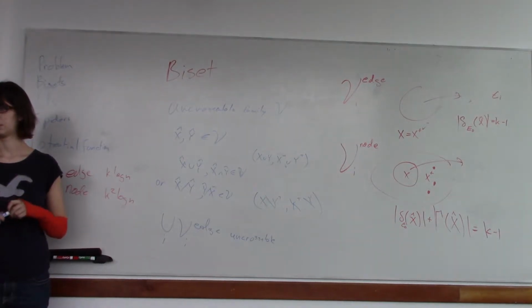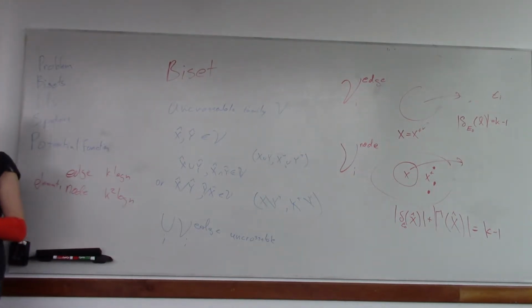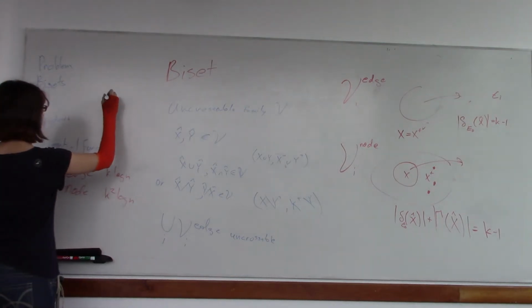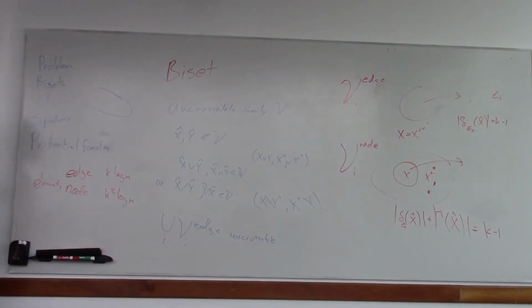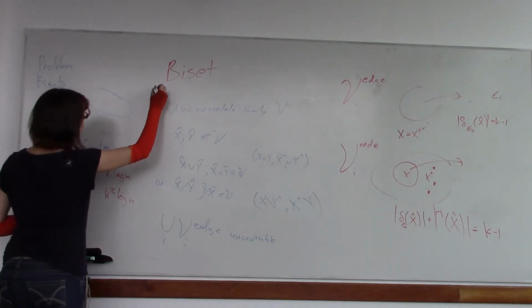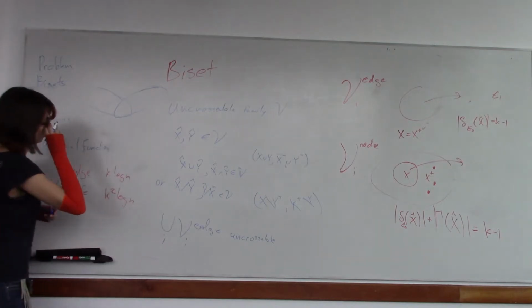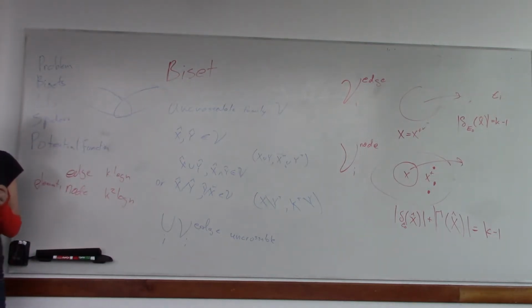I mean, I can go through the casework. I'm just gonna go through it. But basically, you can check if you have two such sets. It's the same idea as if this set has k edges crossing it, and this set has k edges crossing it.